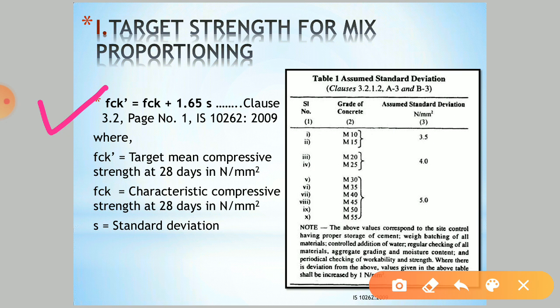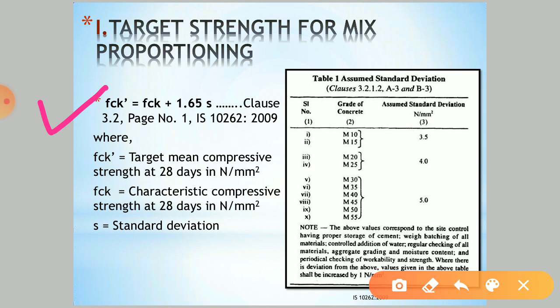The formula is f'ck = fck + 1.65s, where f'ck is the target mean compressive strength at the age of 28 days, in MPa, Newton per mm square. fck is the characteristic compressive strength at the age of 28 days, and s is the standard deviation. All these are in Newton per mm square. Now let us see what the difference is between fck and f'ck.